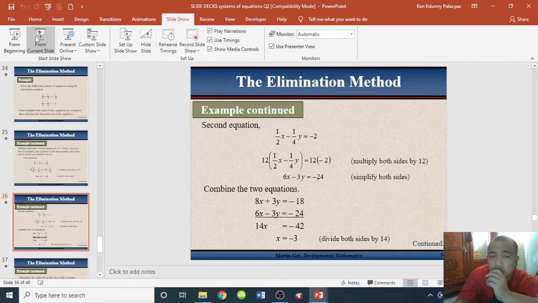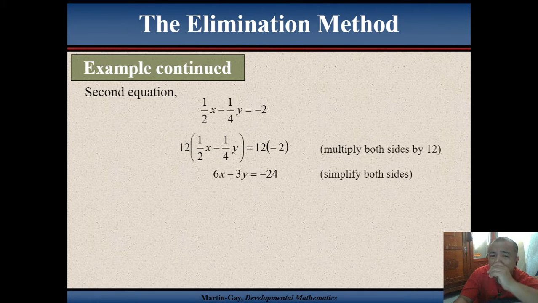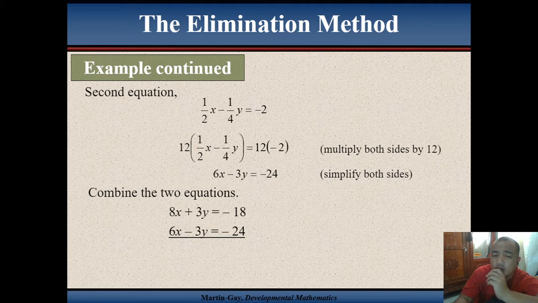Okay, continue. It works too, just continue. 6x minus 3y equals negative 24. So, combine the two equations here, so that we can eliminate y right away, since they have 3y and negative 3y. 8x plus 6x, 14x equals negative 42. Divide both sides by 14, x is negative 3.